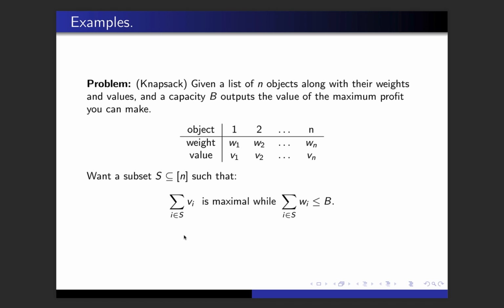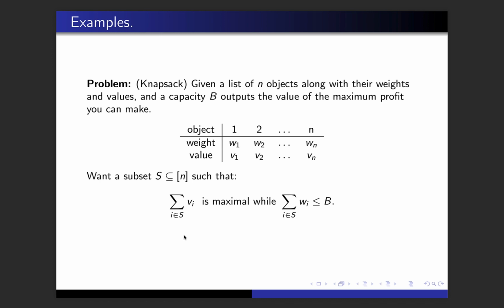These objects have a weight, w1 to wn, and also a value, v1 to vn, and you're also presented with the capacity that I'm going to denote by capital B. And what you want to do is find a subset S of the objects such that the sum of the values of those elements that you choose is maximal, but keeping the sum of the weights below the capacity B. So you don't want to violate that constraint. You saw a solution to this problem using dynamic programming.